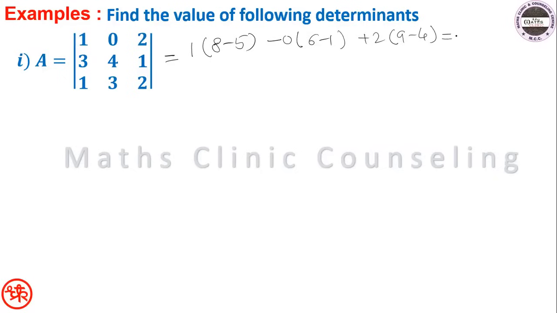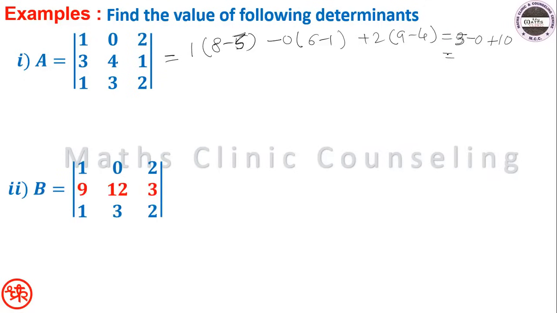Here 8 minus 5 is 3, and 9 minus 4 is 5, so it is equal to 3 minus 0 plus 10, which is 15. Okay.